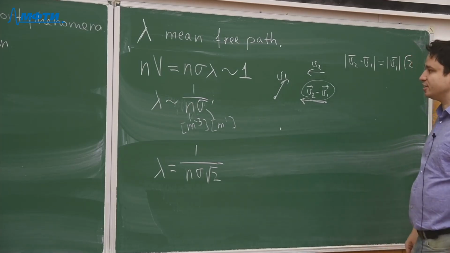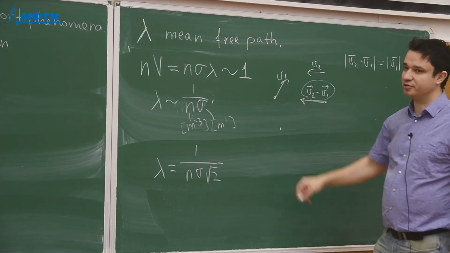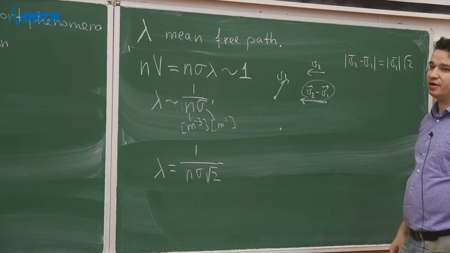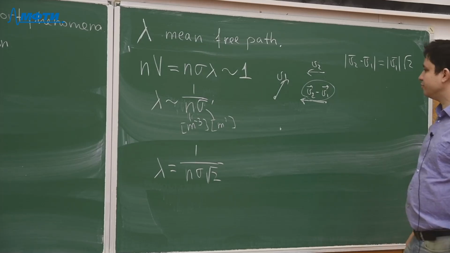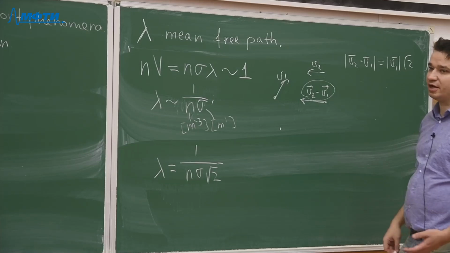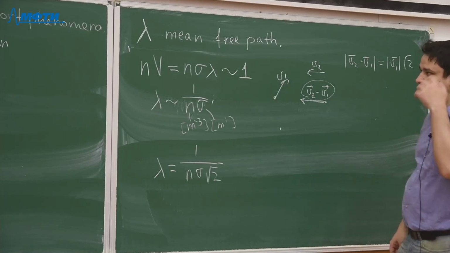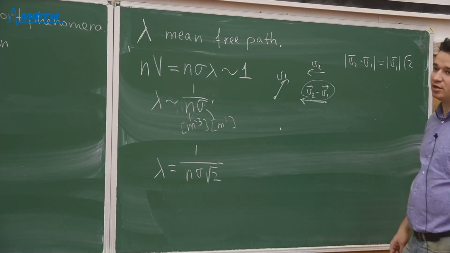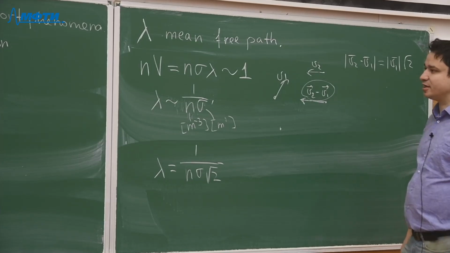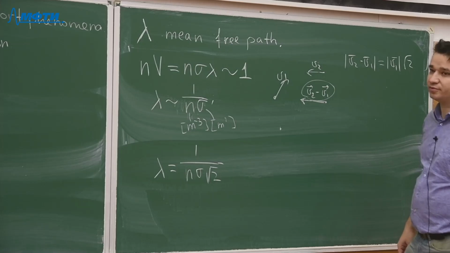You can even say that if I go into the reference frame in which one molecule is at rest, then all of the other molecules in that reference frame would again have velocities which are distributed according to the Maxwell distribution, but as if the temperature has increased by a factor of 2.